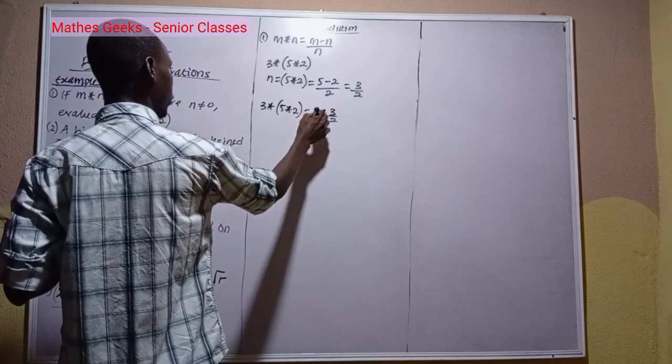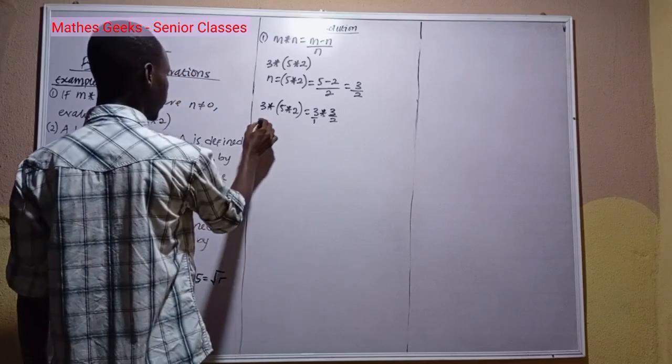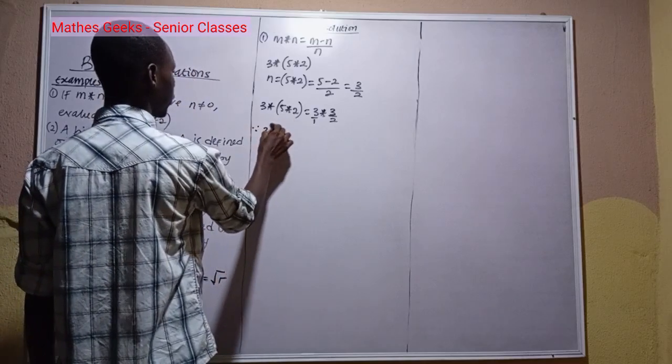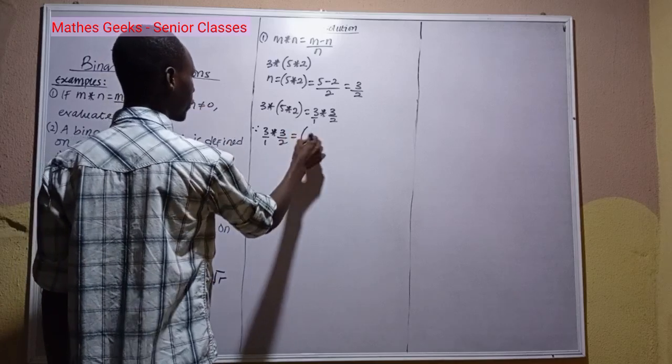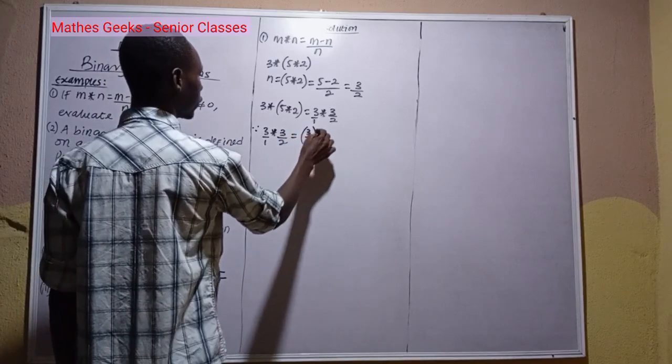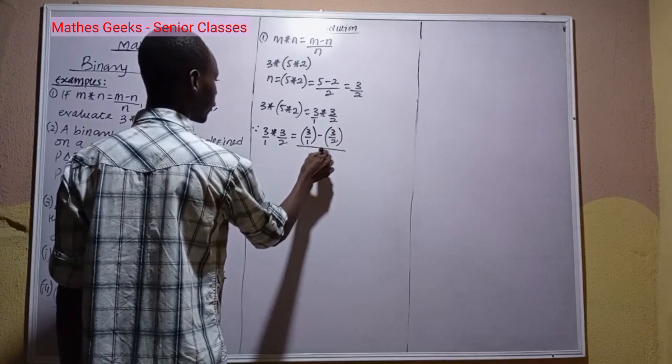So we can also make it an over 1. Right now, 3 over 1 star 3 over 2 is equal to 3 over 1 minus 3 over 2 over 3 over 2.